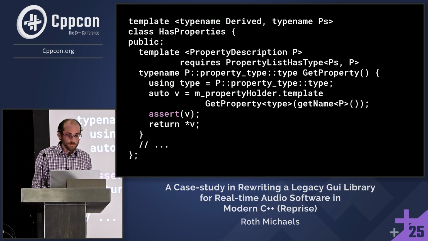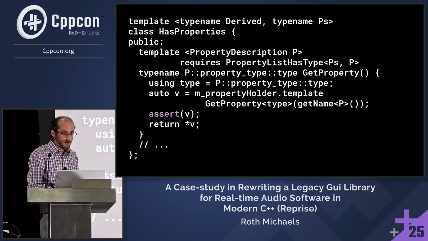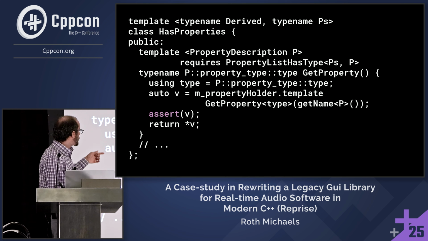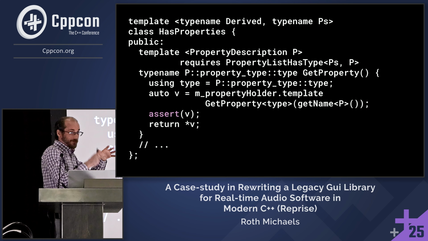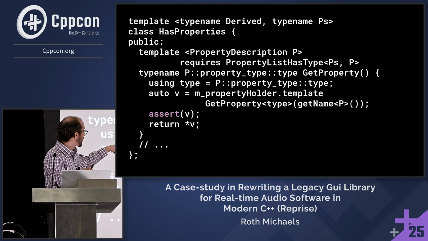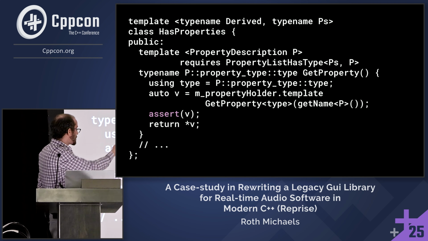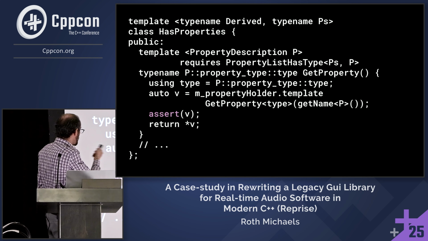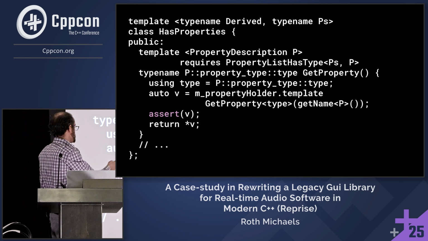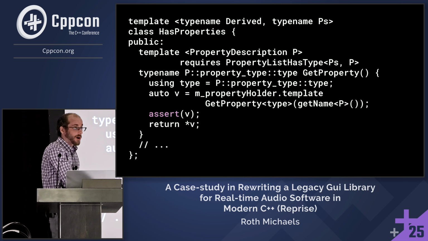And so how do we actually implement this? If you'll notice the get property, we're going to essentially use this property holder, which I showed you, the not safe imperative API. We're going to use that, and we're going to call get property and use our get name function we invented earlier and create that property and assert that it succeeds, as we know it's only going to fail if that property already exists.